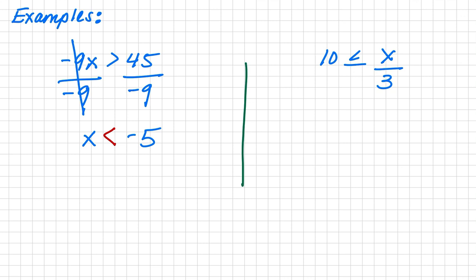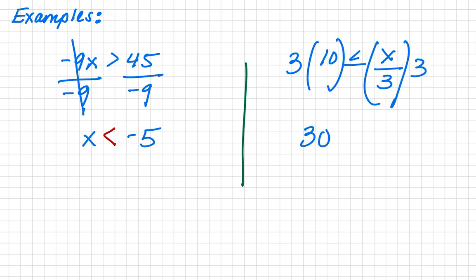And then for this last one, we have 10 is less than or equal to x over 3. We need to isolate this variable, so we're going to multiply it by 3 since it's being divided by 3. Then we have to do the same thing on the left side. That's going to be 30. Let's pretend, guys, that this was a negative, because that's the whole point.